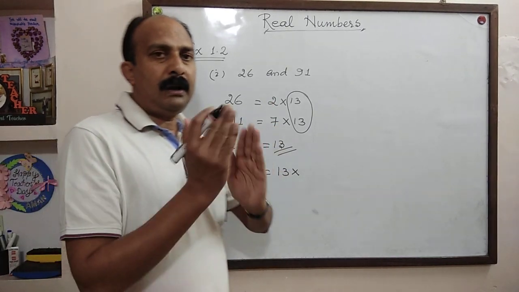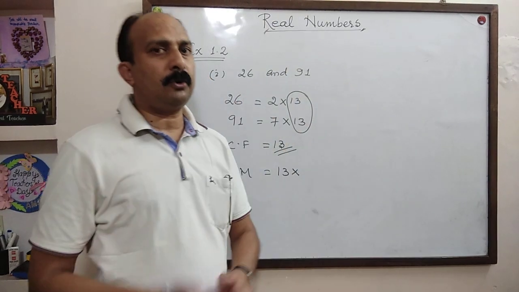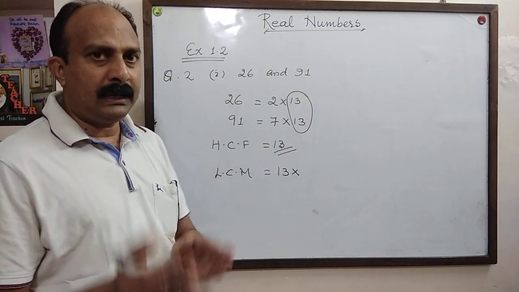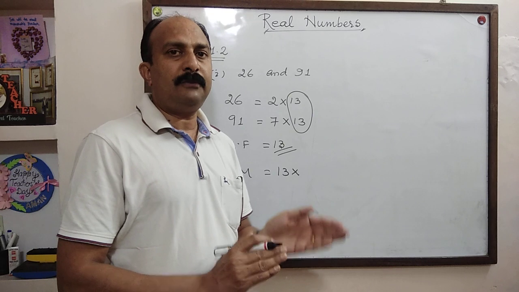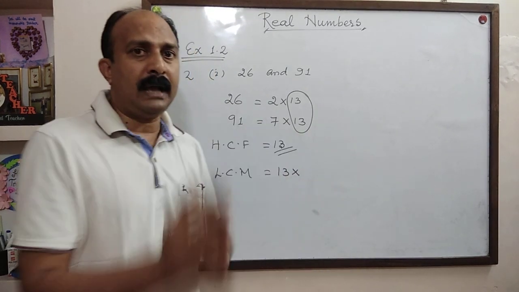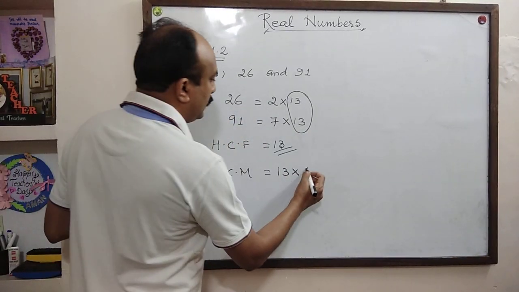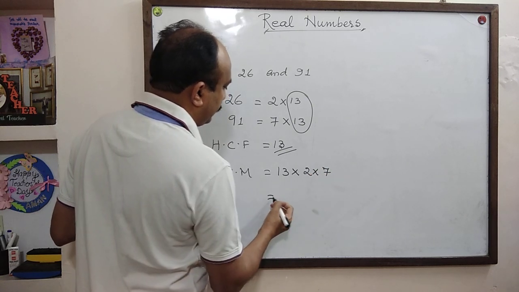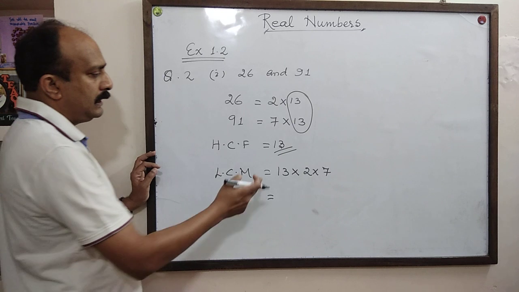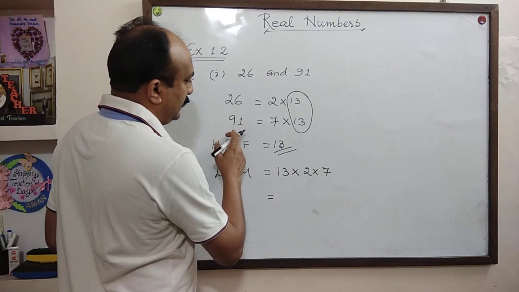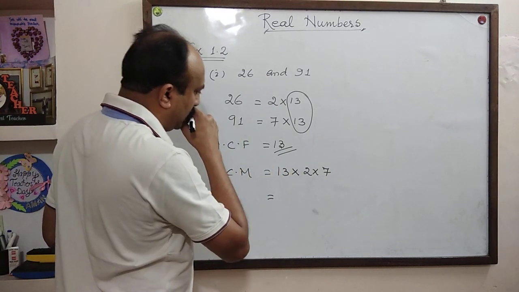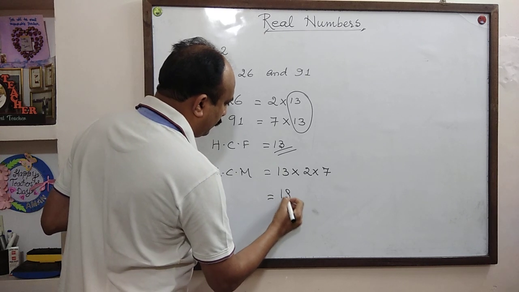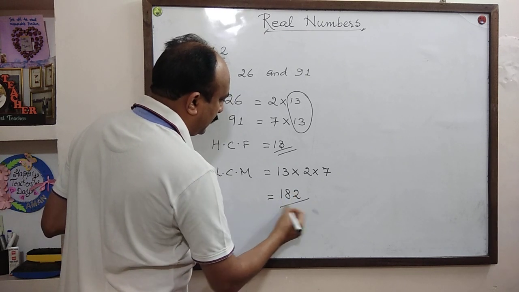So first we have to take the highest power of the common factor, then all the left out factors of first number and second number. So we will take 2 also and 7 also. Now multiply 13 into 7 is 91, 91 into 2. 182 is the answer.